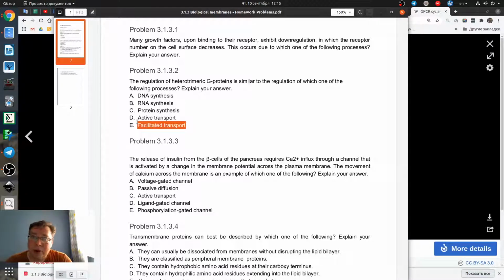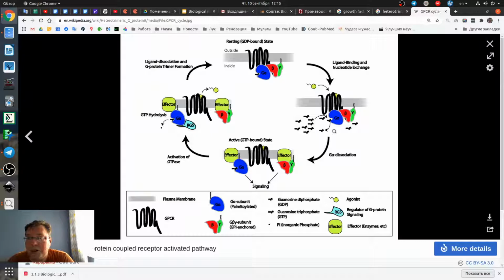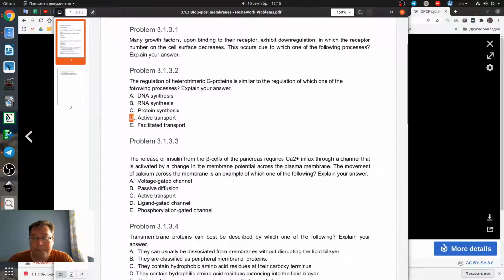According to the mechanism of action of these proteins, look at this. They use GTP hydrolysis, which is very similar to active transport. So these heterotrimeric proteins use GTP as a source of energy. So the true answer is D. D. All right.